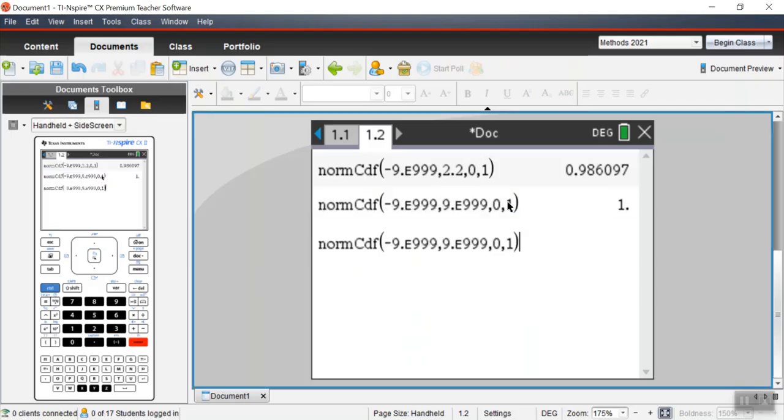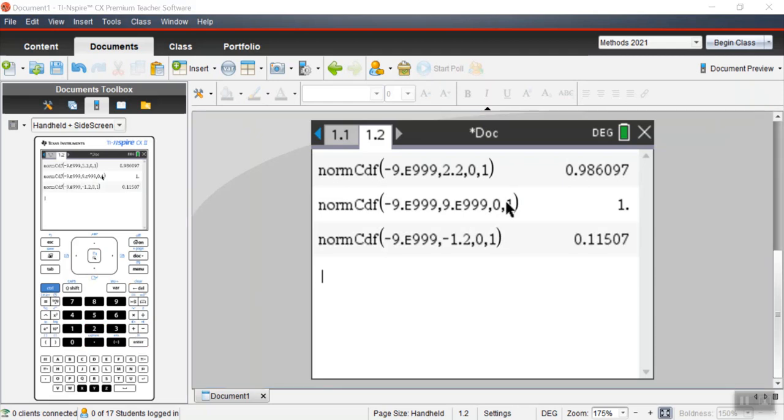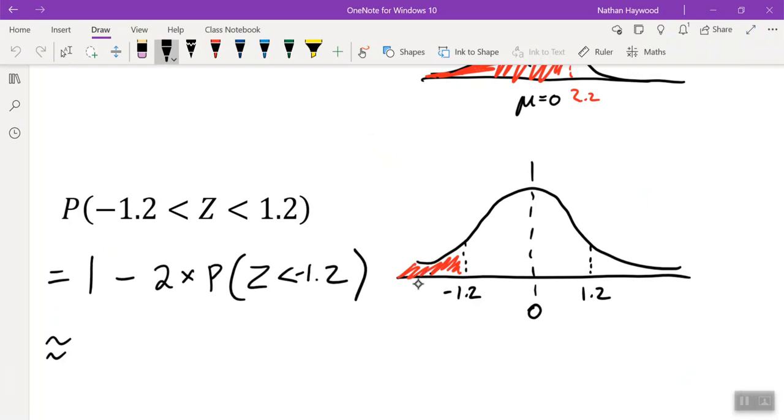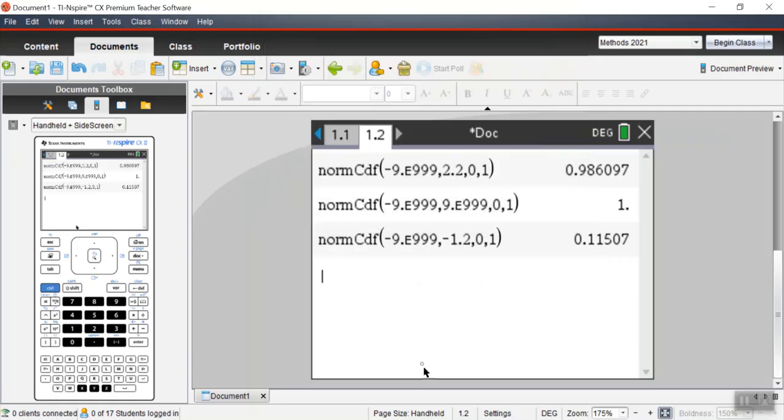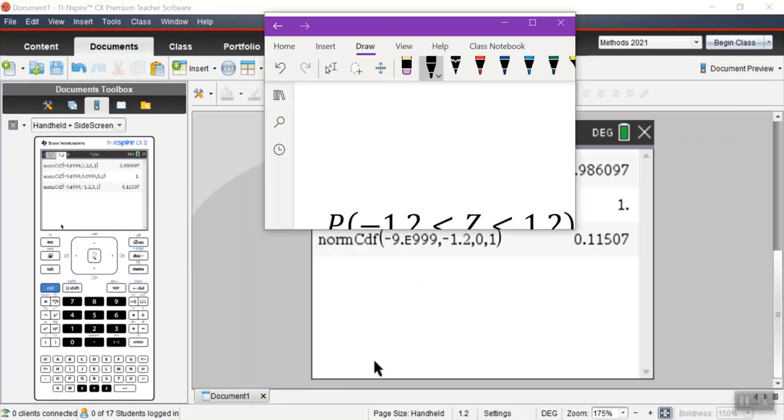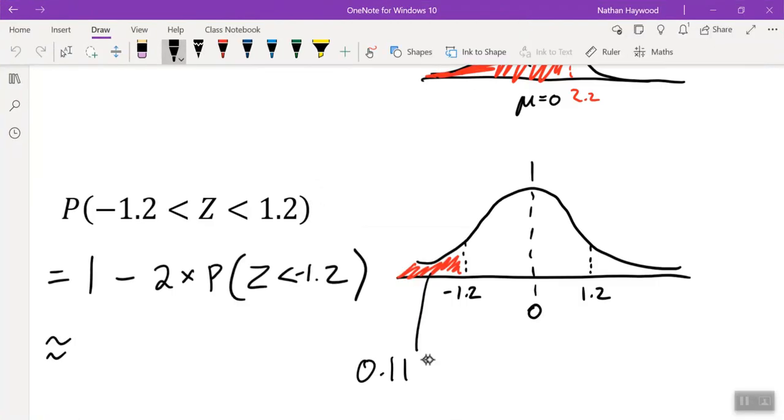So let's try. Take this, go from negative infinity to negative 1.2. That gives us that red area in here, 0.115507.